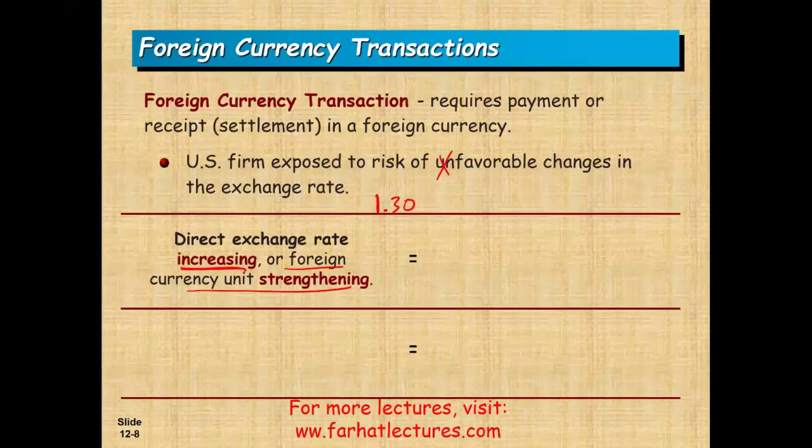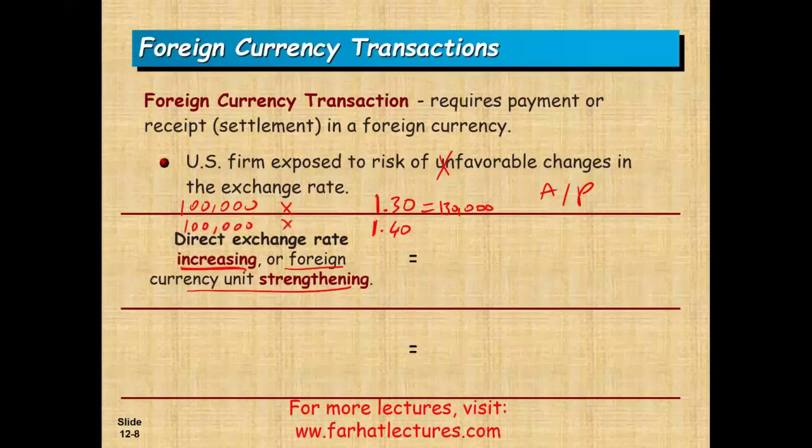Now, let's assume you have an accounts payable, and you purchase 100,000 euros worth. Right now, you need $130,000. Let's assume the foreign currency unit strengthens. What does that mean? It means now you need $1.40 to buy a euro.